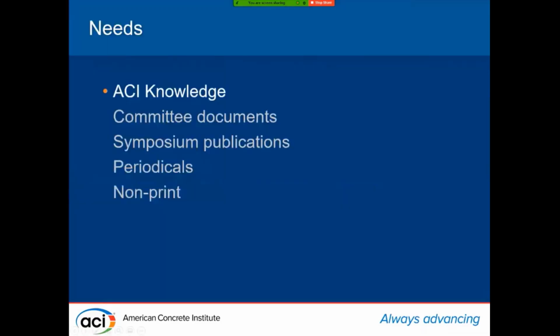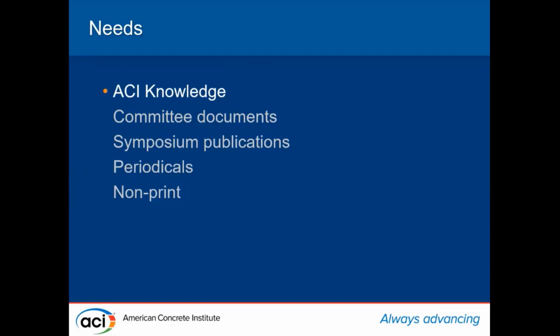So I thought I'd talk a little bit about why we started developing this product in the first place. As you all know, ACI, through the hard work of its volunteers, has lots of concrete knowledge. We have that collection of ACI committee documents that takes up probably about 18 inches now on your shelf, very dense, 8.5 by 11 material, full of text.